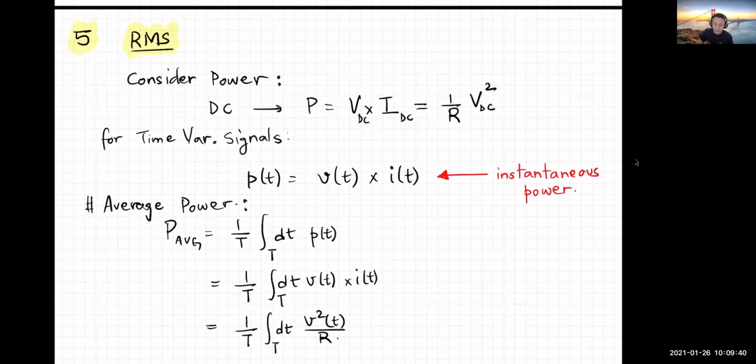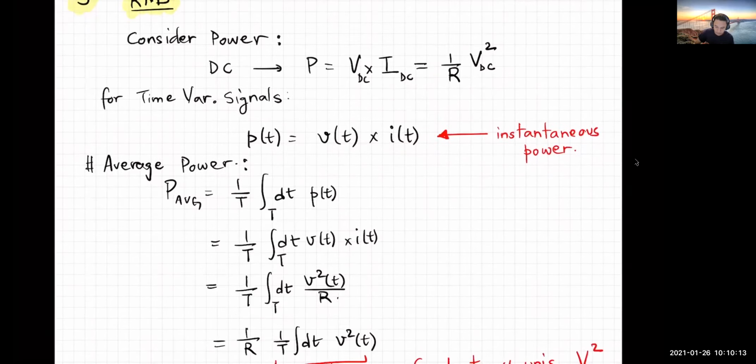And if it's across a resistive load, then you can replace the current with V over R and you get V squared over R. For time varying signals, you can do the same thing, but now the power is a function of time, since voltage and current are also changing as a function of time. This is what we call the instantaneous power. At a particular instant, how much energy is being dissipated? That's what we call the instantaneous power.